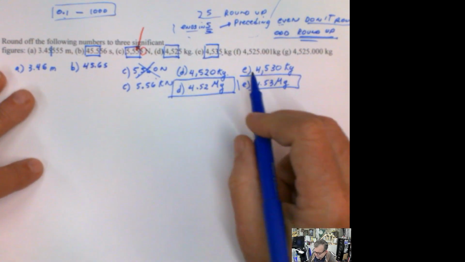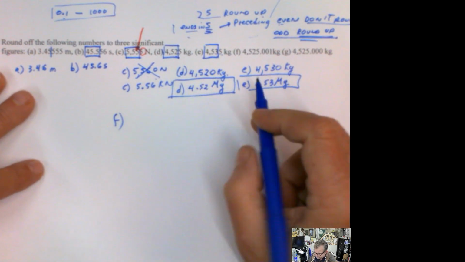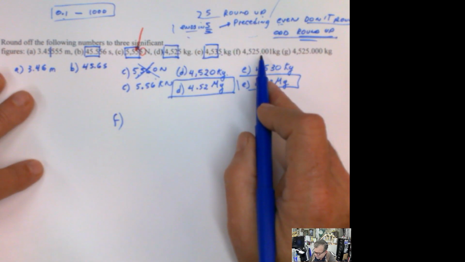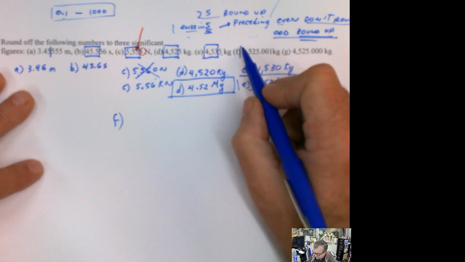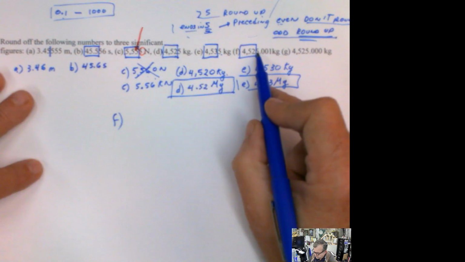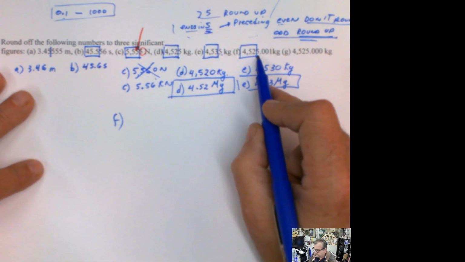Let's keep going with F. Now we have this number, 4,525.001 kilograms. We need three significant figures. These are the three significant figures that we need. We look at the digit after the three significant figures. That is a 5.